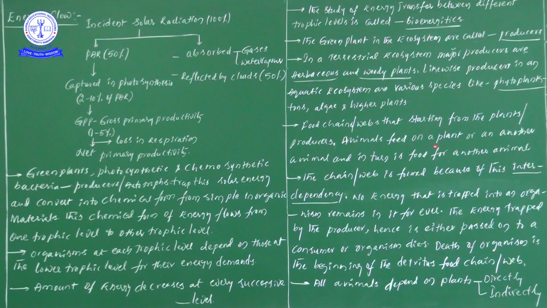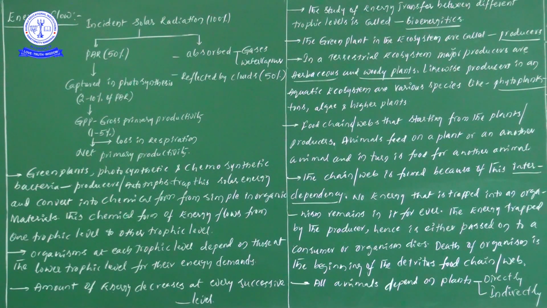Now animals feed on the plants or another animal, and in turn are food for another animal. So here one animal feeds on the plants, and this animal that eats the plants or producers is food for another animal.